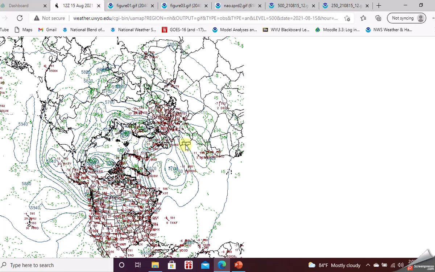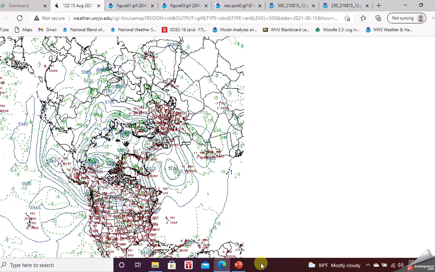What happens is these short waves rotate around the globe, but when they come into areas where a Rossby wave is, they actually tend to deepen, and they reach their maximum intensity there, and then they tend to weaken after that. So one of the things meteorologists look at is where the general Rossby waves are, and they vary. They will move and change with time. So by knowing that, you can actually pick out areas where these little short waves might actually intensify.